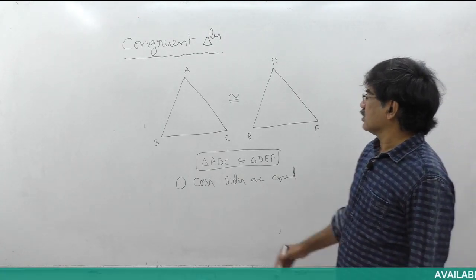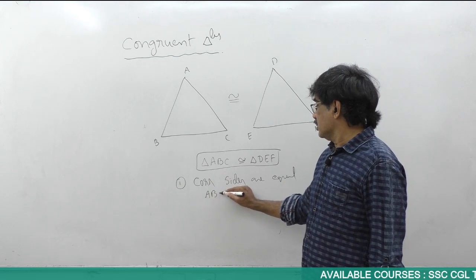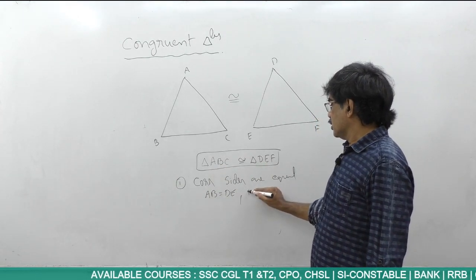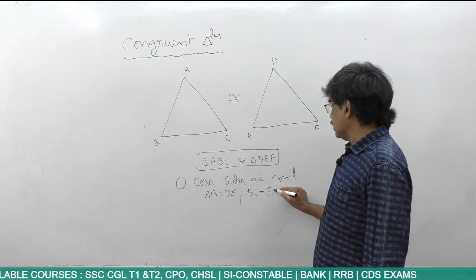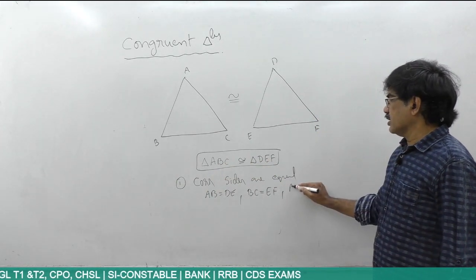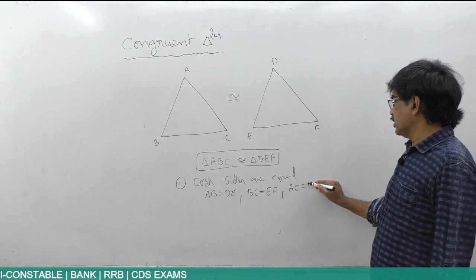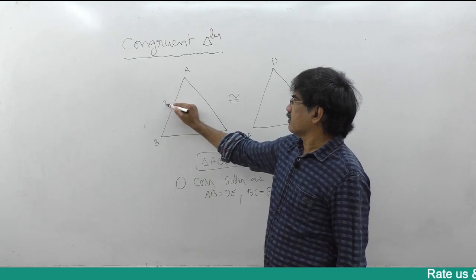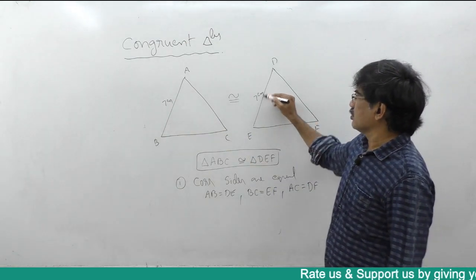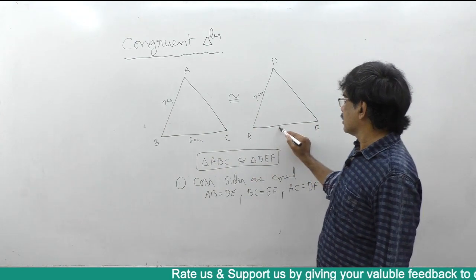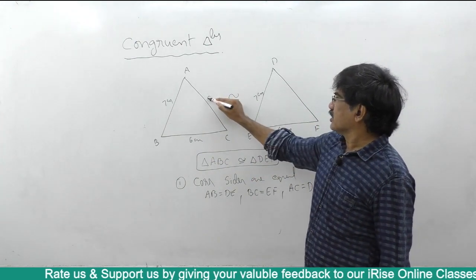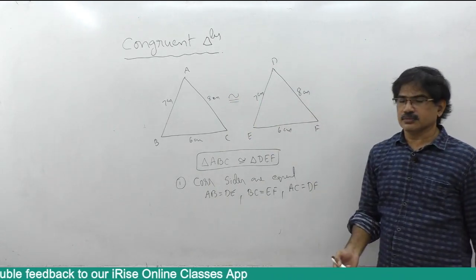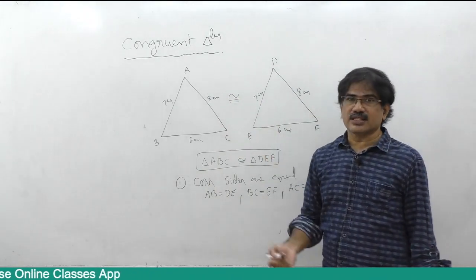That is AB is equal to DE, BC is equal to EF, AC is equal to DF. So if this is 7 centimeters, this is also 7 centimeters. If this is 6 centimeters, this is also 6 centimeters. If this is 8 centimeters, this is also 8 centimeters. The corresponding sides are equal.